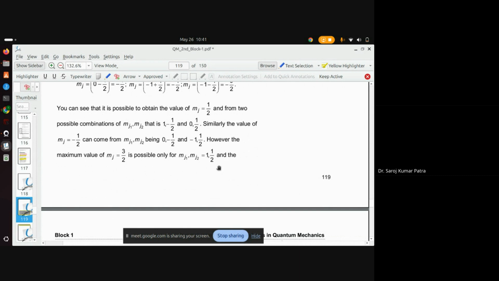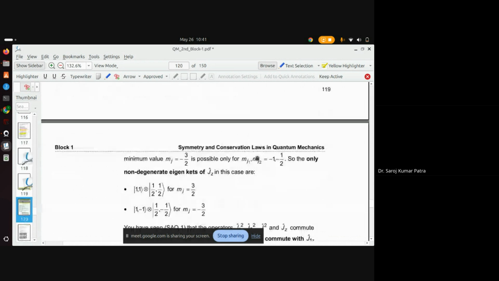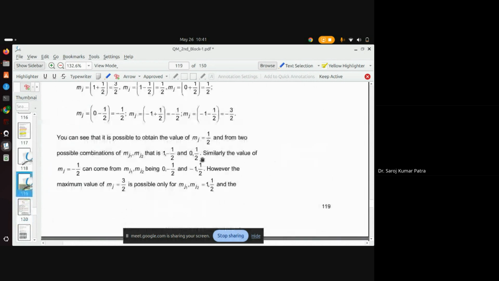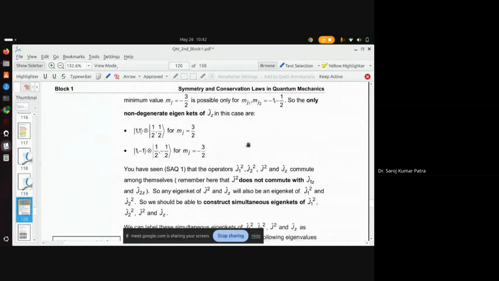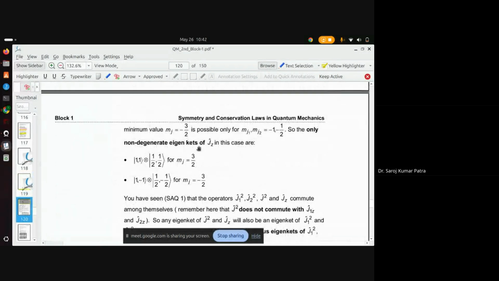So maximum का यूनिक होगा एंड मिनिमम का भी यूनिक होगा. सो इससे क्या पता चलता है कि जो मैक्सिमम और मिनिमम है वैल्यू उसके लिए नॉन डिजेनरेट आइगन केट्स है और अदर्स के लिए वो डिजेनरेट आइगन केट्स. डिजेनरेट मतलब more than one वैल्यूज के लिए वो सेम आइगन केट यूज हो जाएगी.